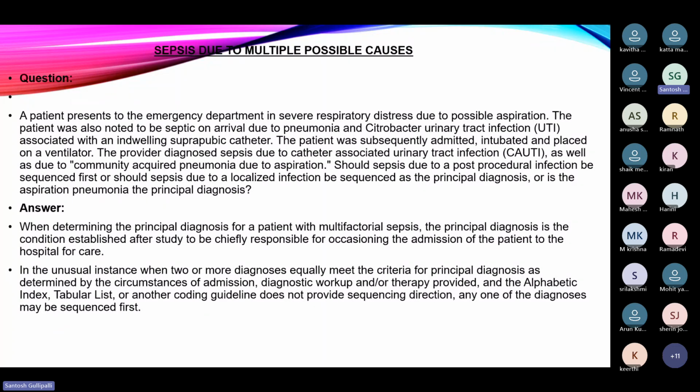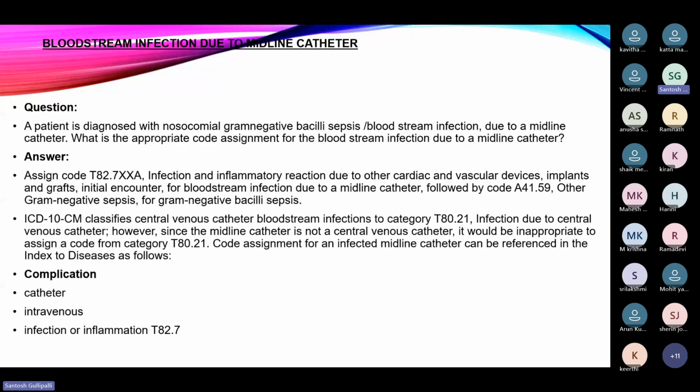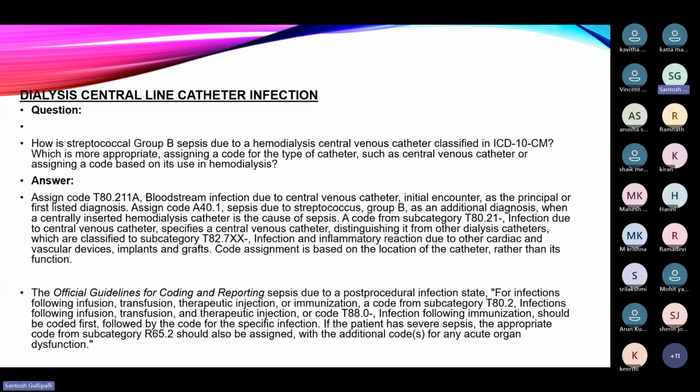Sepsis due to multiple reasons: the underlying cause of sepsis is due to a localized infection and a non-localized infection, both conditions. That time, how to select the principal diagnosis? These are all very, very different topics. And bloodstream infection due to midline catheter, and dialysis central line.